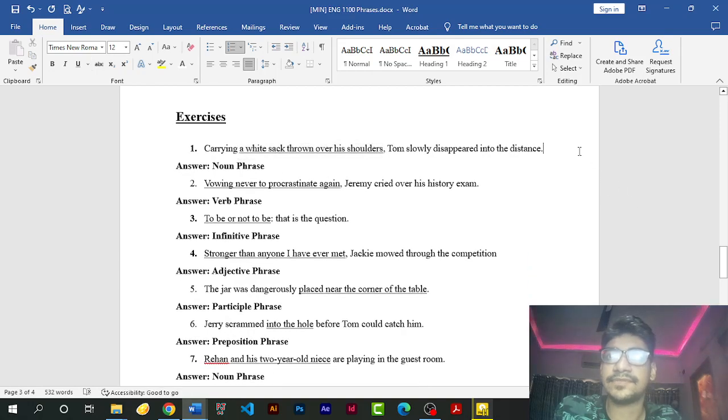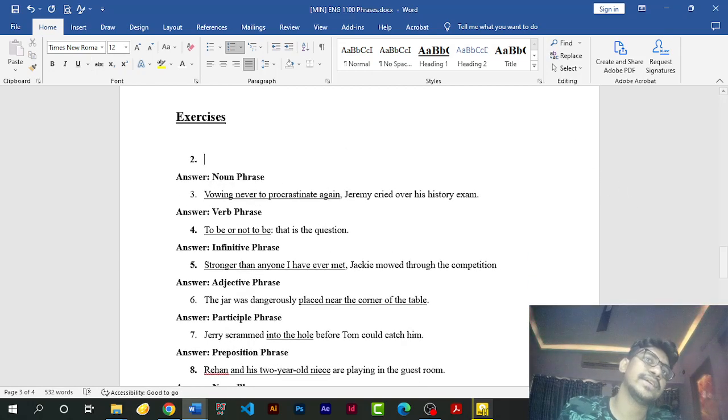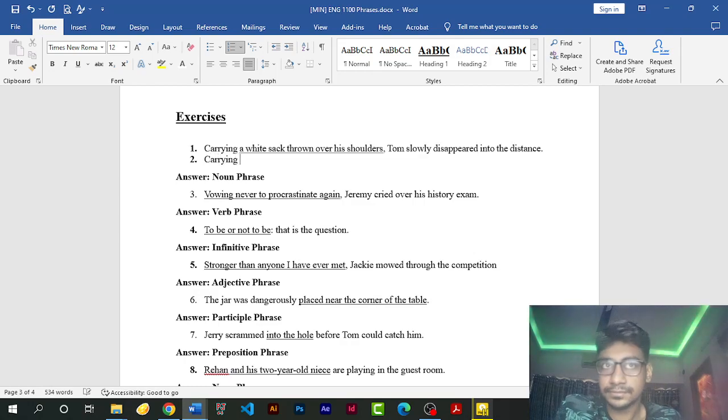To make it even easier for you, if I had said carrying a baby, Tom slowly disappeared into the distance, it could also be a correct sentence. If I had said carrying Josh, another person, maybe a baby, or maybe a very young child, 3 or 4 years old, and Tom is carrying Josh and he disappeared into the distance.